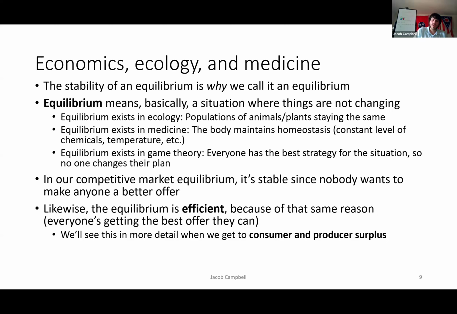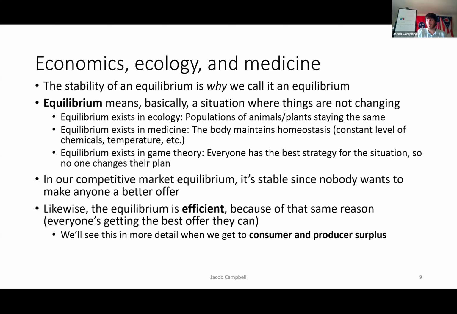Now, in our competitive market equilibrium, it's stable since nobody wants to make anyone a better offer. Nobody is capable of making an offer that would make the other side better off and make themselves better off at the same time.